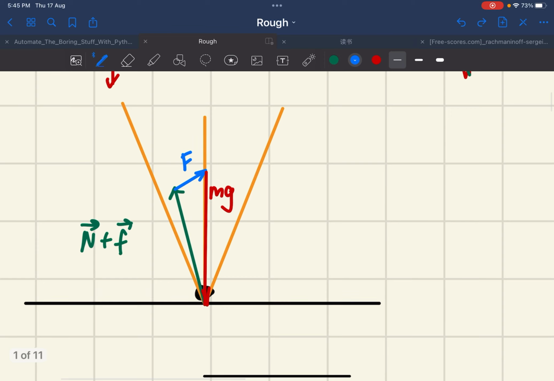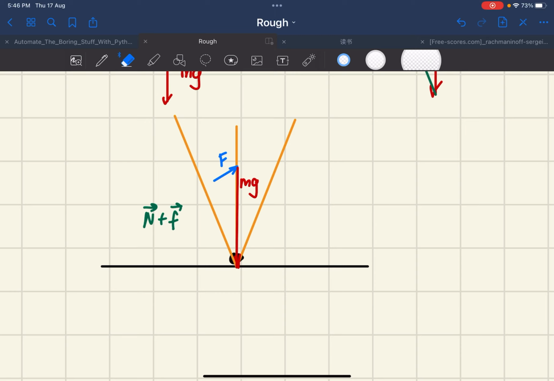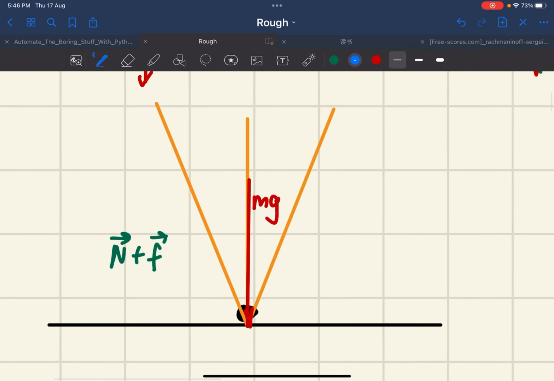If our F looks like this and the tail is inside, then it's very possible for the normal force and friction force to be like this, to oppose.